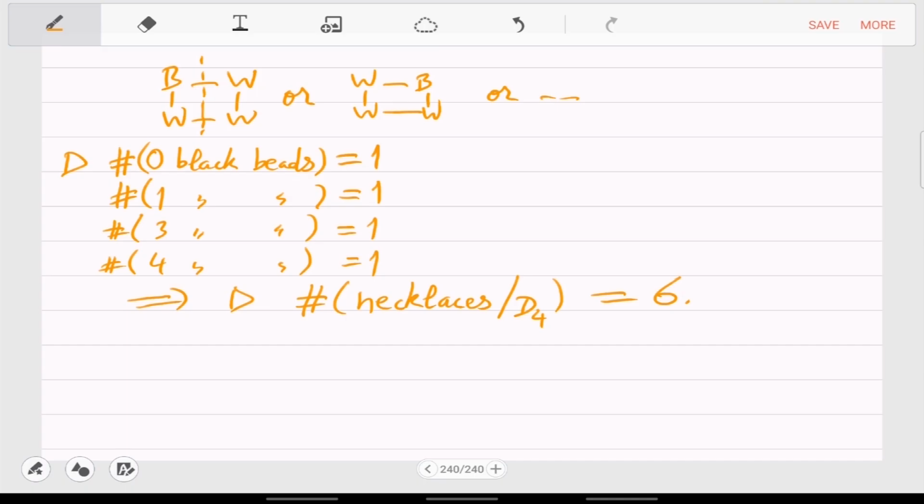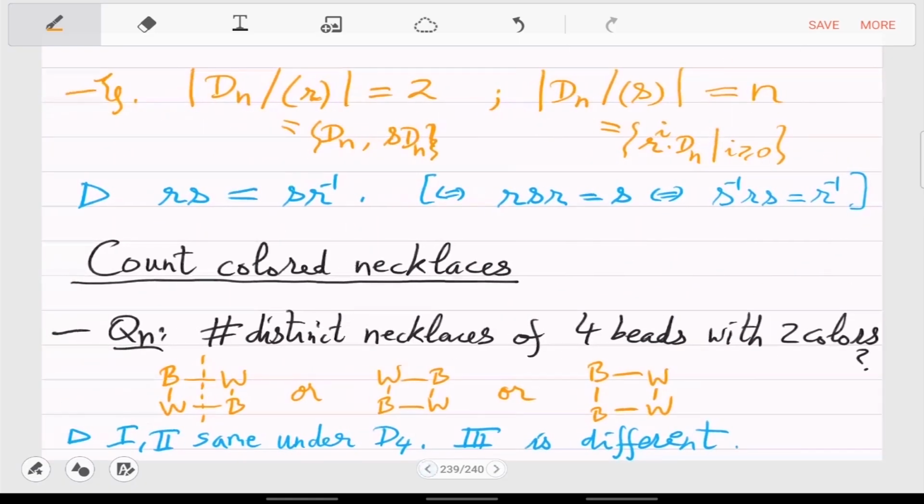So without D4, it would have been what? If we were not caring about any symmetry, if everything looked distinct, then it would be 2 to the 4.